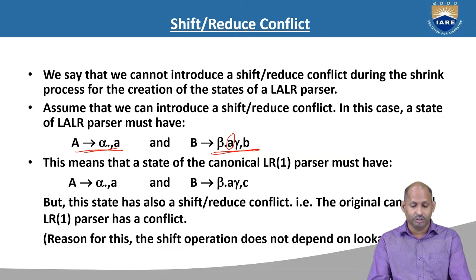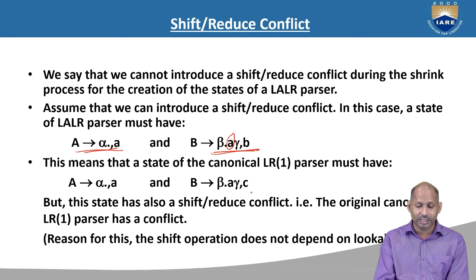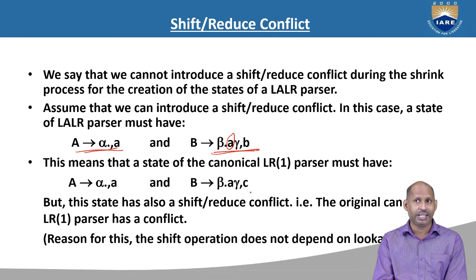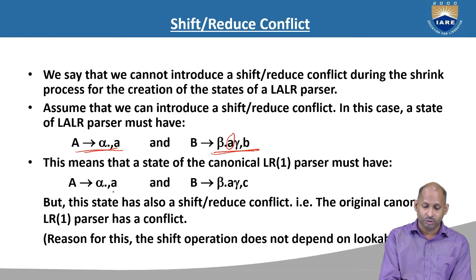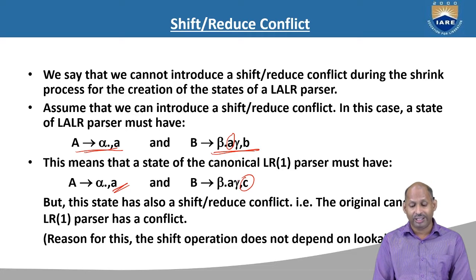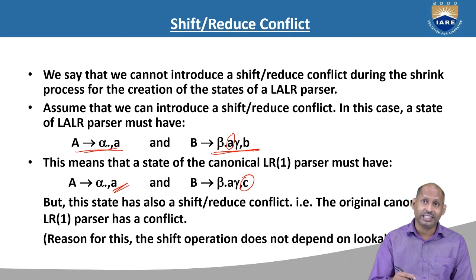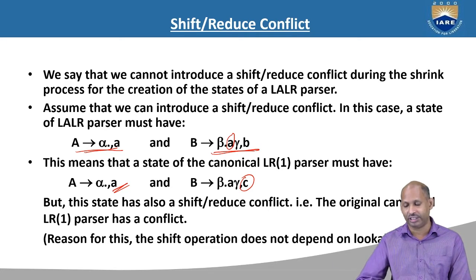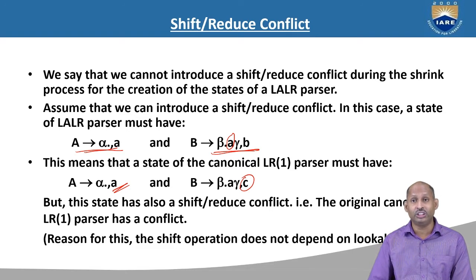If the cores are the same but the lookahead terminal symbols differ, here it is A only but here it is C, and there is already a shift-reduce conflict, so the canonical LR1 parser has a conflict.